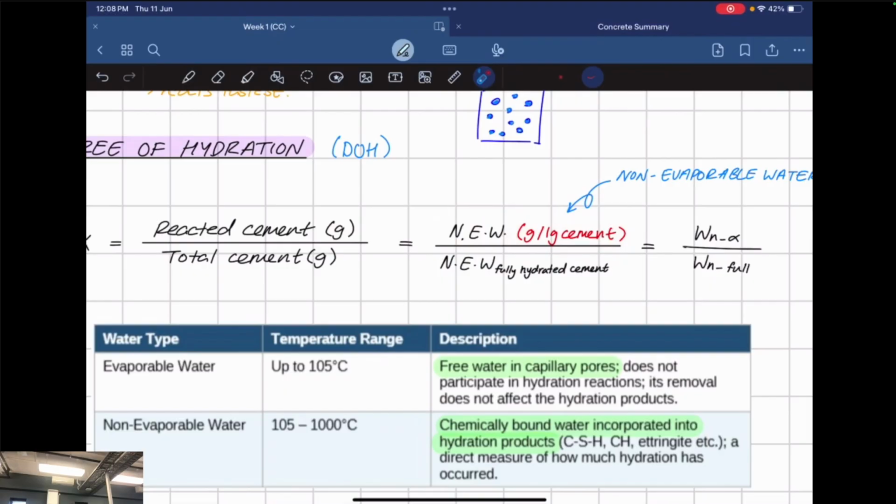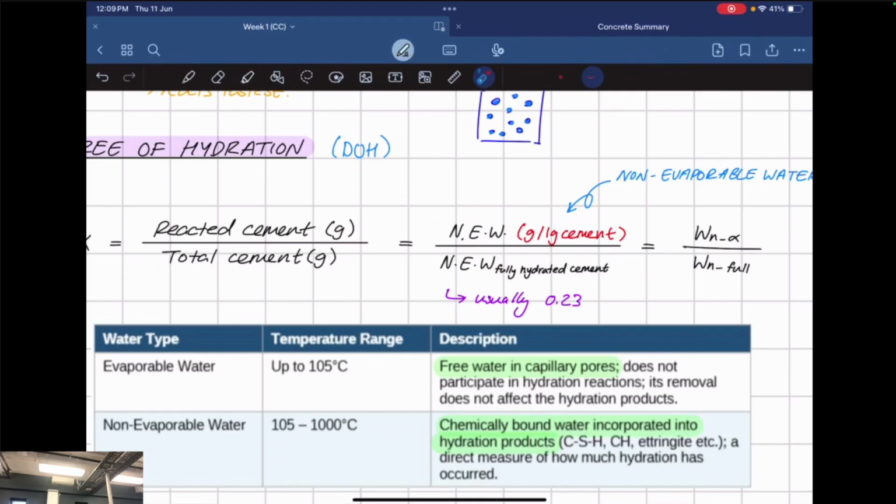I think the thing at the bottom of the fraction, the non-evaporable water for fully hydrated cement, is a known ratio. You need to standardize the sample relative to the amount of cement you have. I think the bottom is like 0.23 for fully hydrated cement. You can't just say you need 1 liter of water, because that doesn't apply in every case.